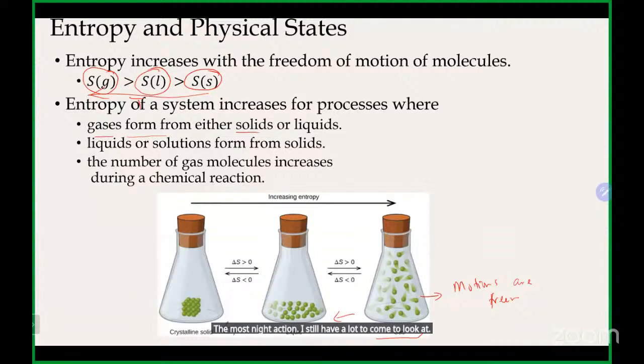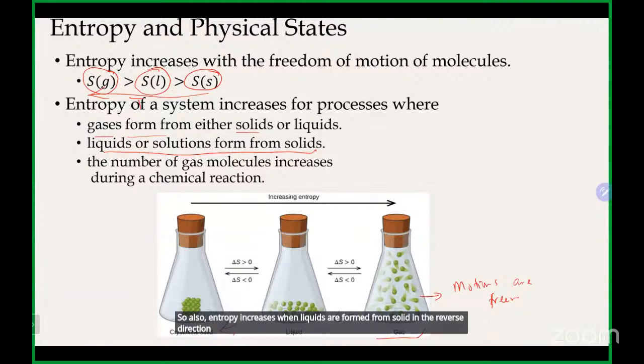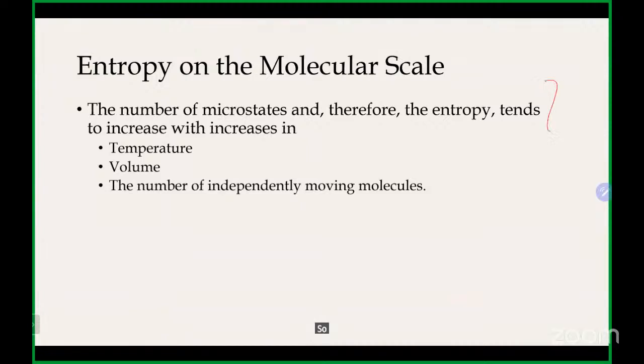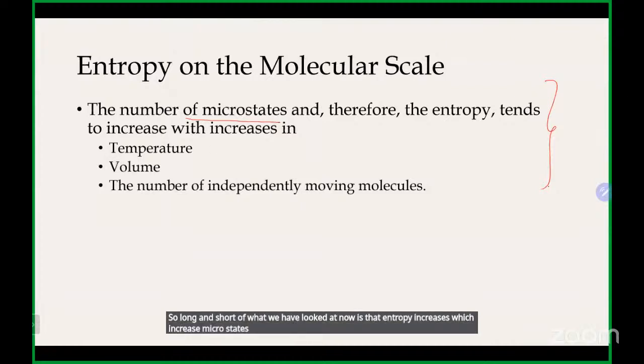So also, entropy increases when liquids are formed from solid. In the reverse direction, entropy will reduce, like it's indicated here. So the long and short of what we have looked at now is that entropy increases with increased microstates. And if you increase the temperature, entropy also increases.